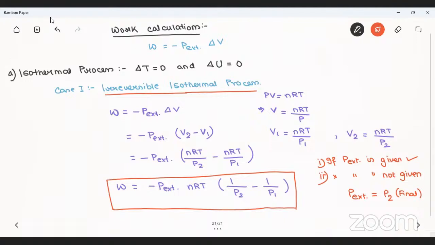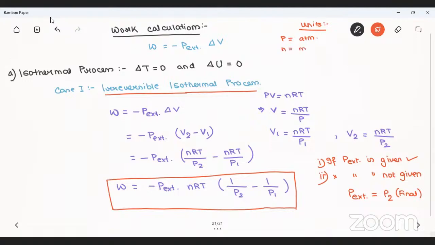Good. Now, what are the units you will be considering? Some people are always confused about what to consider as unit. Whatever units I tell you to consider, you will consider that only in your boards, in your NEET. So P external, this P you will be getting in atm.